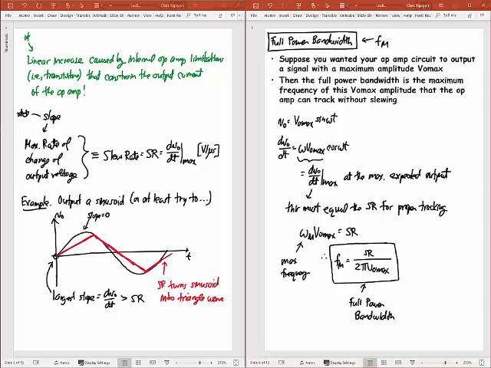Okay? And so if you know your slew rate and you know the maximum output power you want to put out, you know the maximum frequency you can sustain that at without causing changes in your output signal, without causing slewing, changing your sinusoid into a triangle wave or what have you.